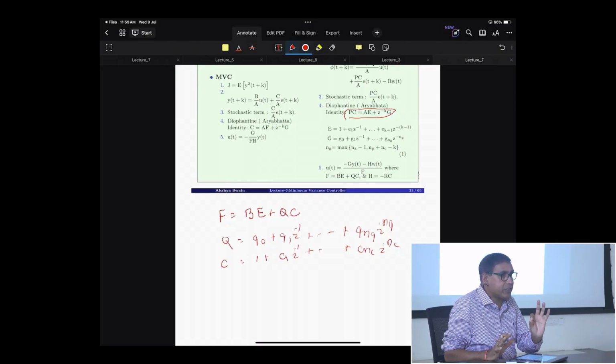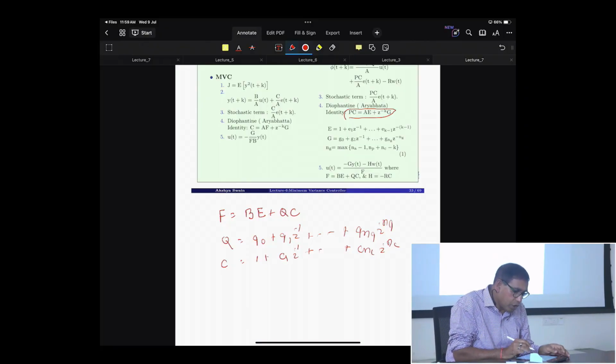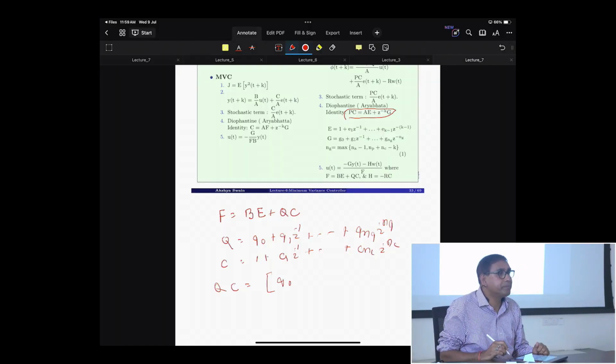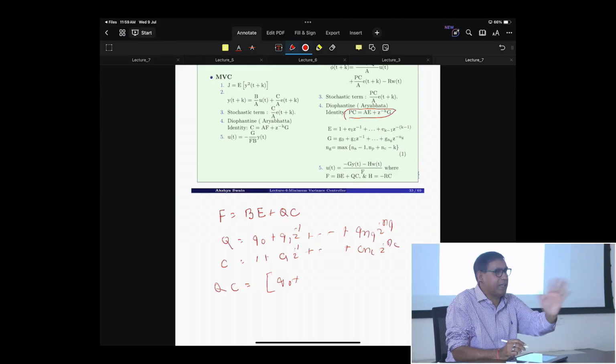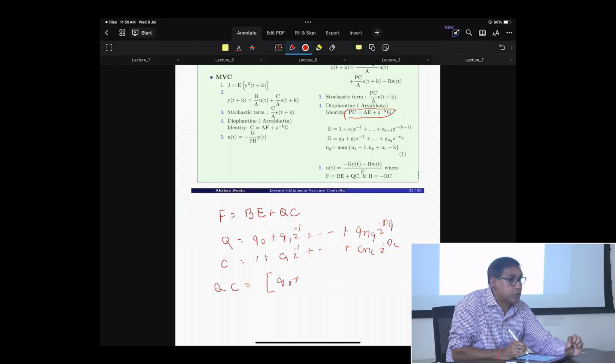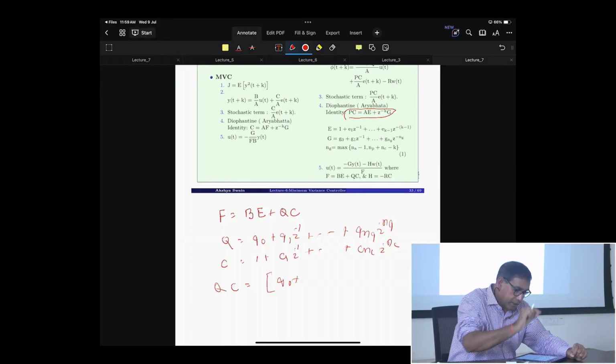That is by definition. So forget about the higher terms. If I multiply QC, the first term will have Q0 because Q0 is multiplied by 1, without any power. Did you see it?